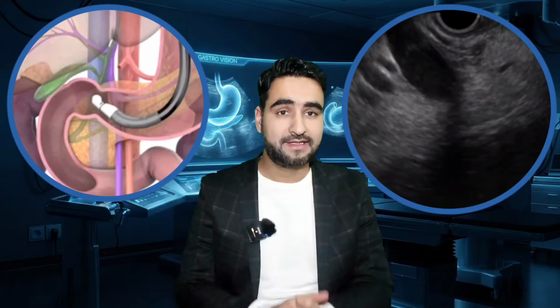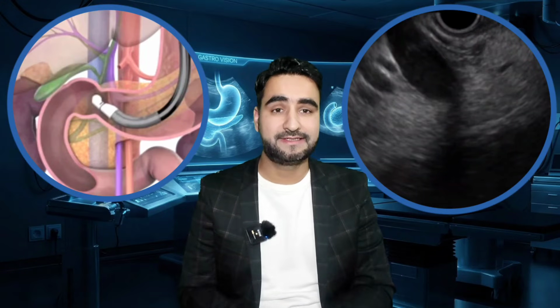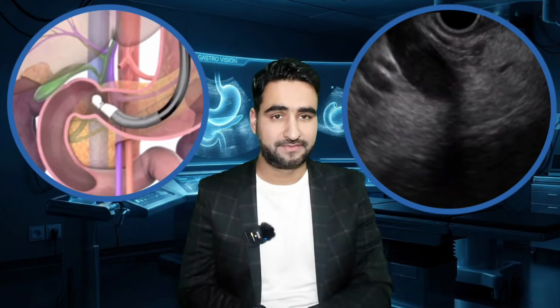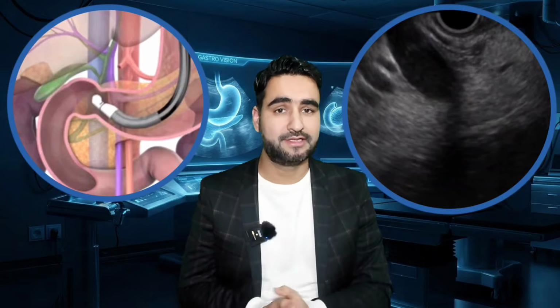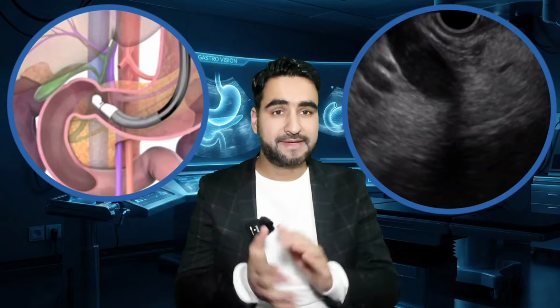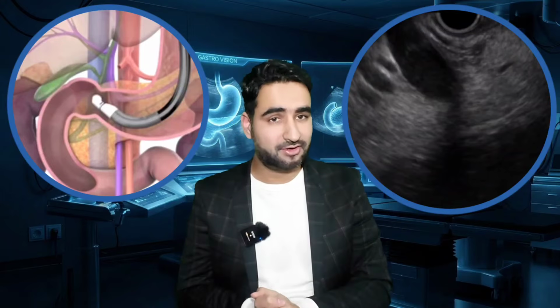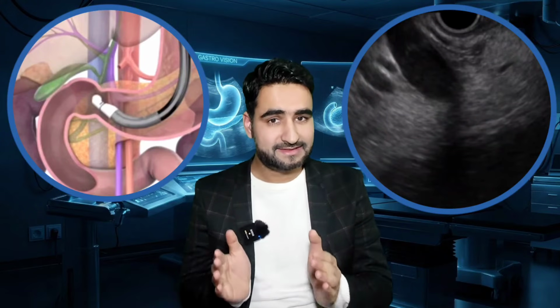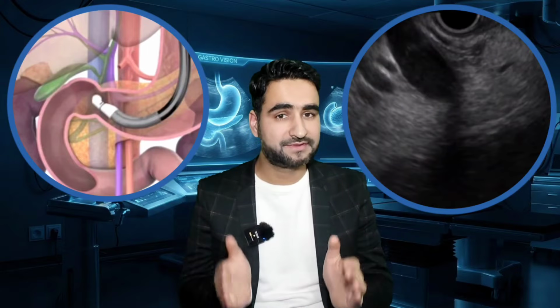The portal vein is in the range of acoustic beams from the caudal end, that is the distal end of the transducer. As a result, the portal vein appears as a tubular anechoic structure on the left side of your image. As I have already taught you in my orientation video, structures in the range of the caudal end appear on the left side of the screen.